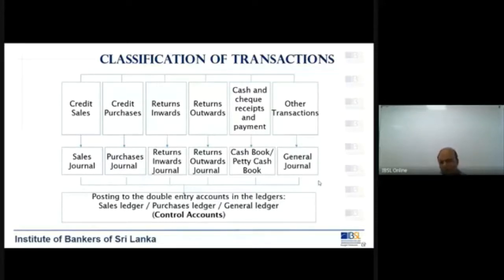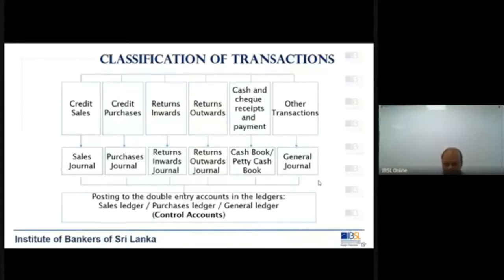There are so many other transactions that happen. So you have four major business transactions: credit sale, credit purchase, return inwards, and return outwards. The result of which is cash or checks, that is another. And the last one being the most important, all other transactions that you can come across in a business.